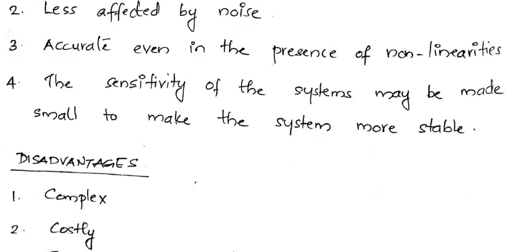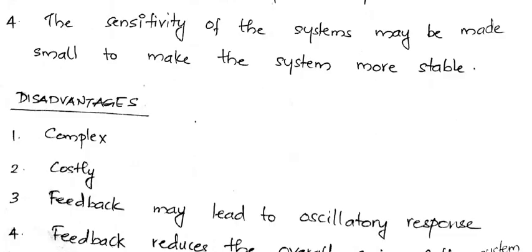Then in a closed loop control system we have a feedback, so that feedback can lead to an oscillatory response. That is another disadvantage of these systems. So feedback may lead to oscillatory response. Also, feedback reduces the overall gain of the system.